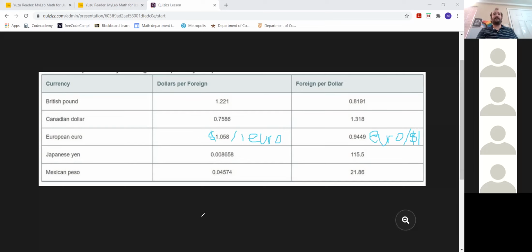So I want to convert euros to dollars using one of these numbers.